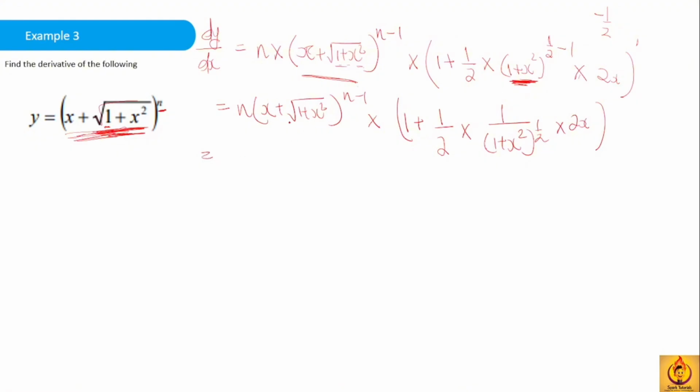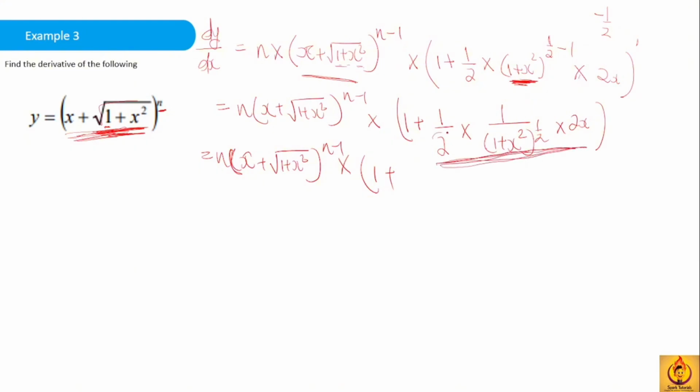We're still going to come to this. I want us to focus on this first, to simplify this first. So we're going to bring it down as it is, and minus 1 multiplied by. Now coming into here, this is a product.